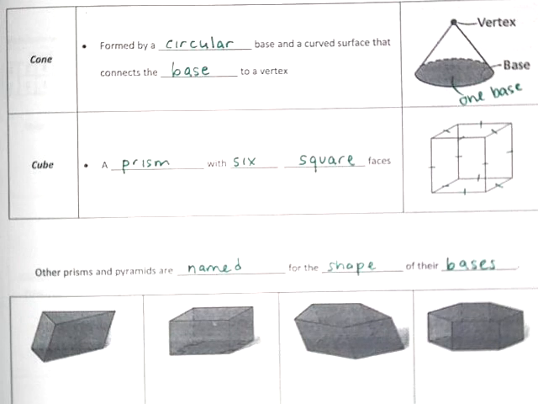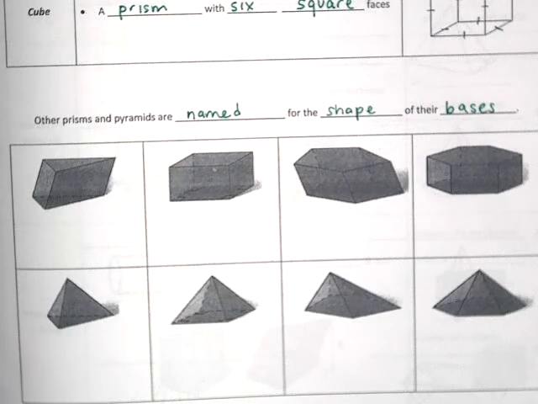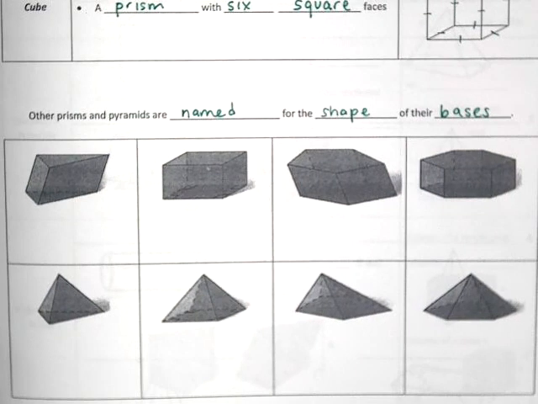All right, so here we go. Let's go through some examples. When we look at these pictures, we need to remember some of our definitions that we learned on the page before. We know that prisms have to be formed by two parallel, congruent, polygonal faces.